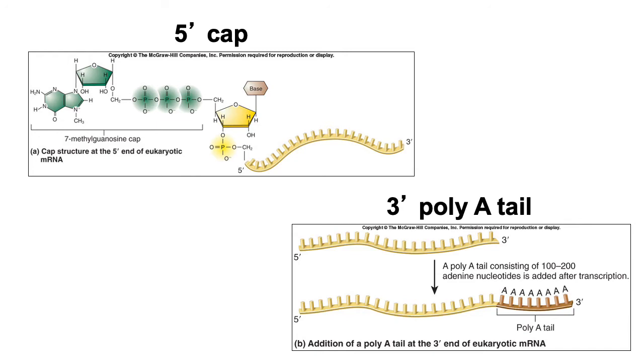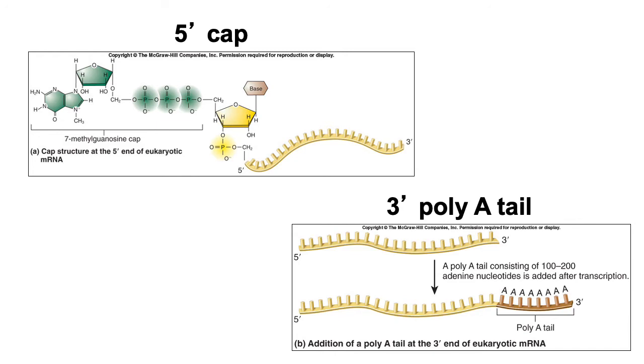And both of these things, both the 5' capping and the 3' tailing, really help and assist with the export of the messenger RNA from the nucleus out to the cytoplasm. They help stabilize the messenger RNA through that transport process so that the messenger RNA doesn't become degraded.